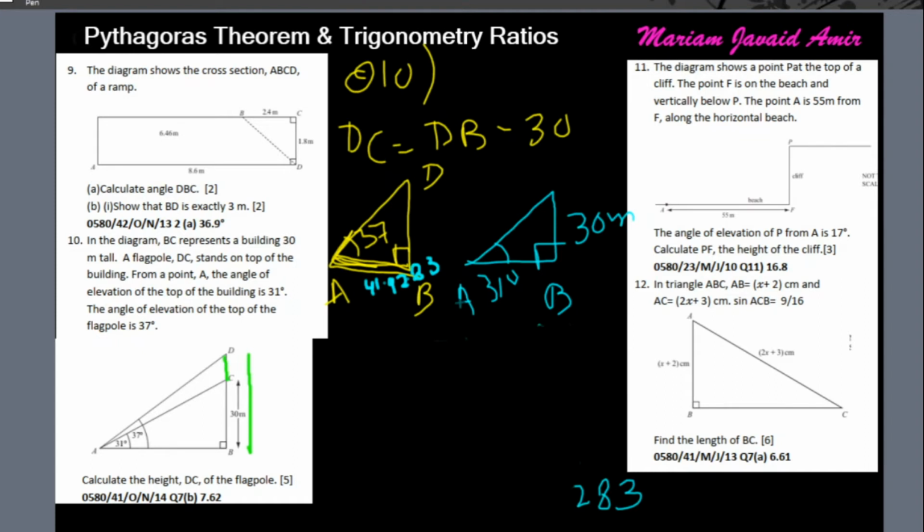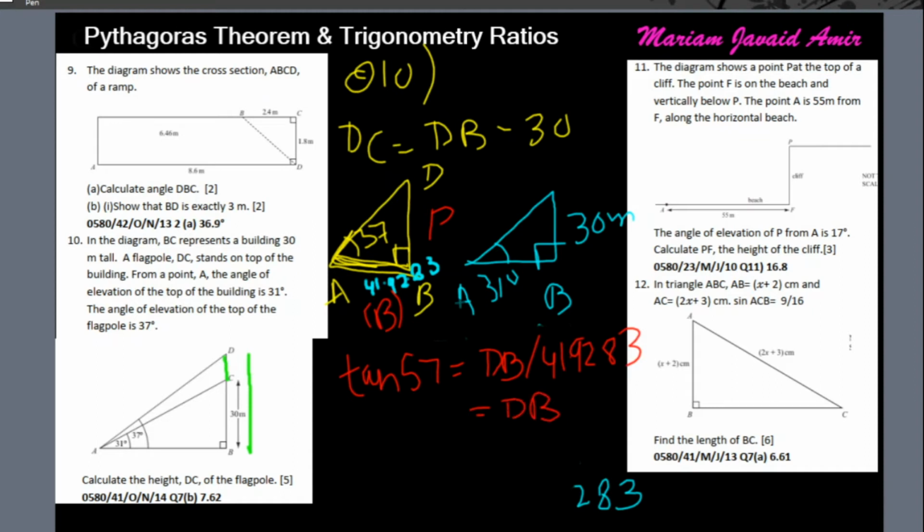To find DB, again this side will be the perpendicular and this side is the base. So again we'll be using tan theta equals perpendicular over base, 49.9283. Now this answer is still in my calculator.